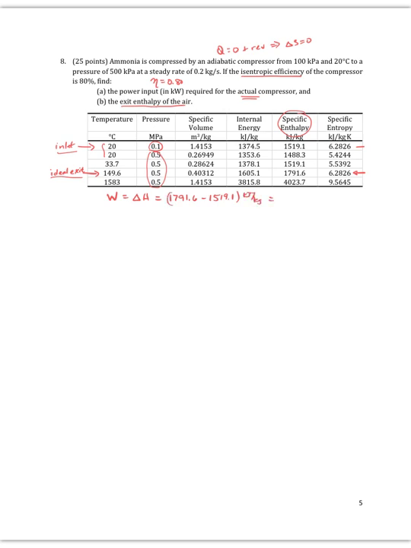And so ideal work is 272.5 kilojoules per kilogram.